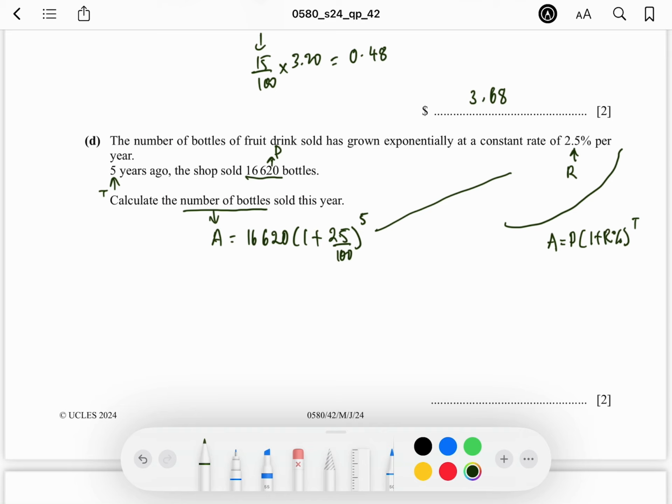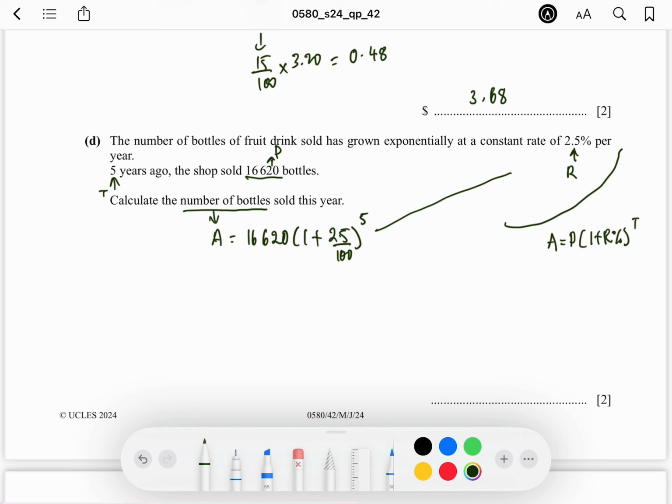Sudah? Is it exact? If it's not exact, you should give the answer correct to one decimal place, whole number, 3 significant figures.